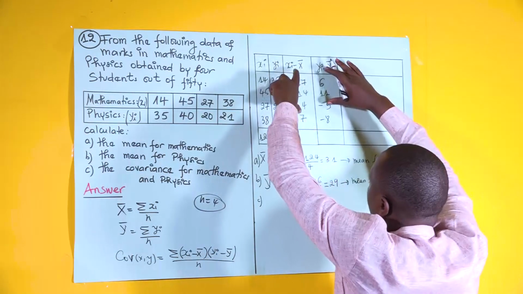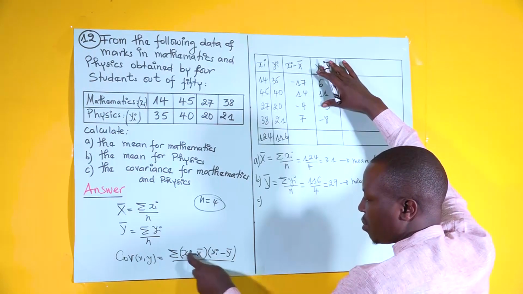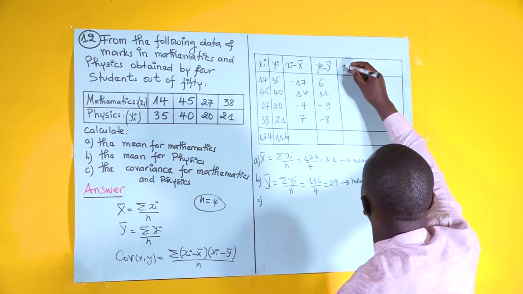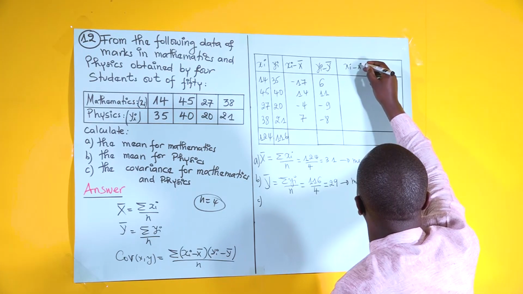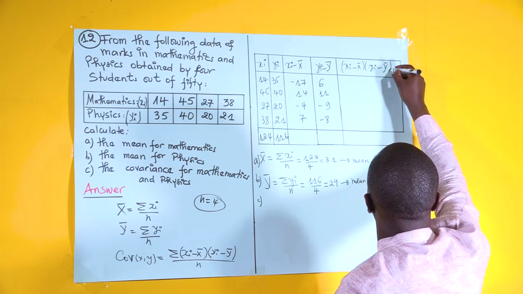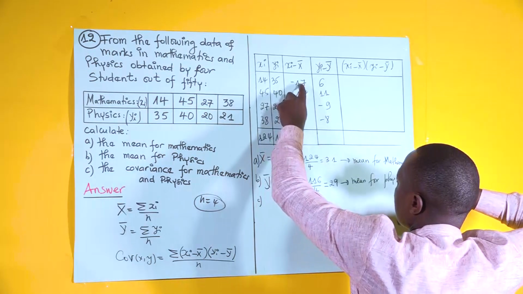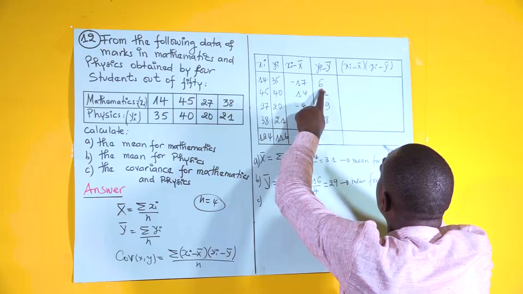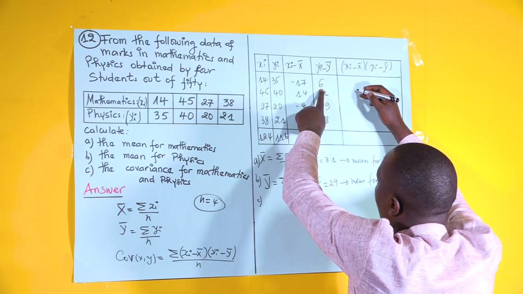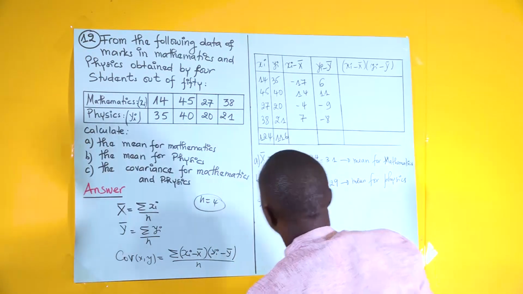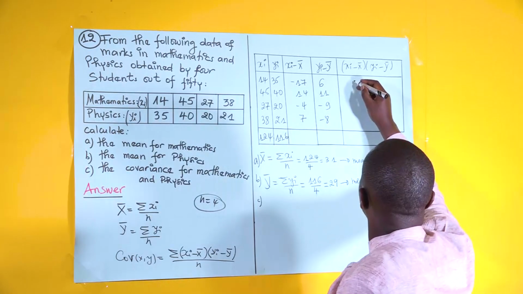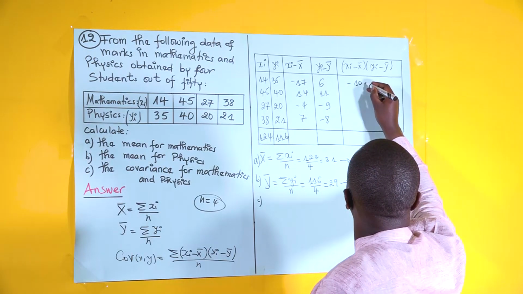So we need the product of these: xi minus x mean times yi minus y mean. We take this number times this. Negative 17 times 6 is negative 102.